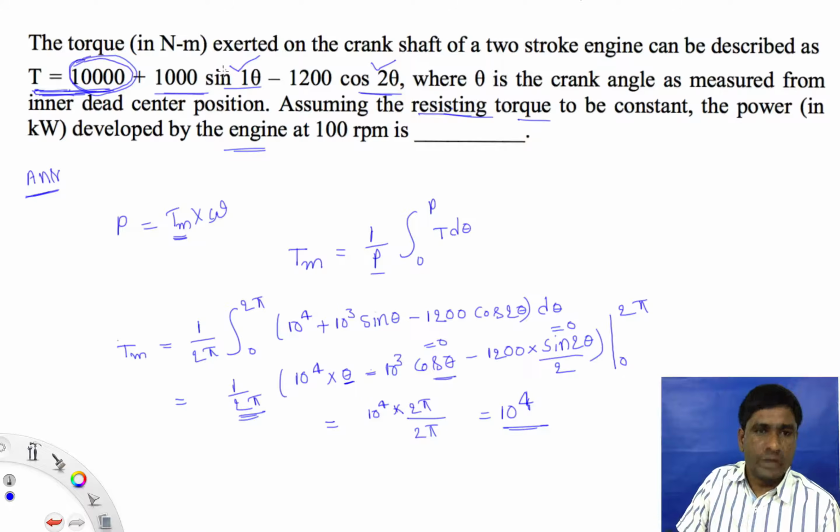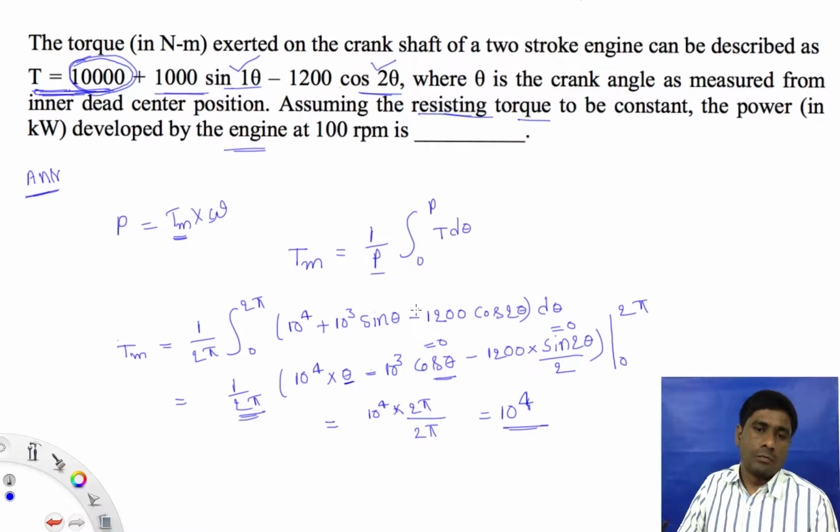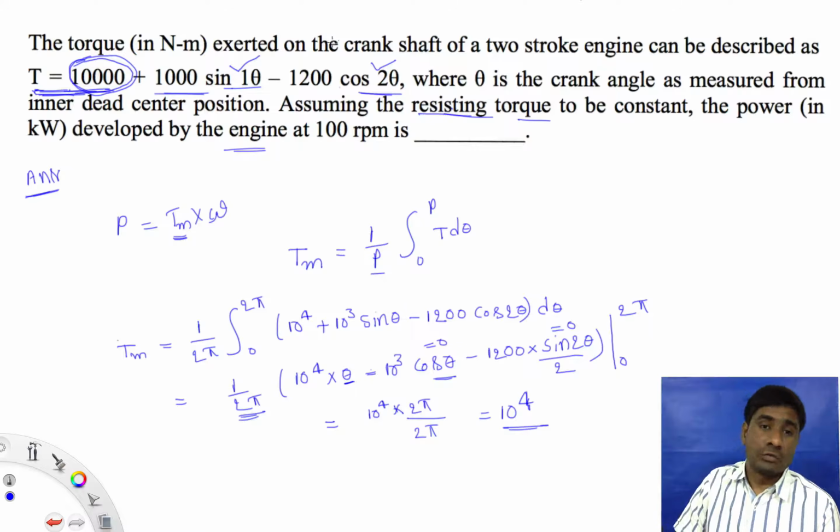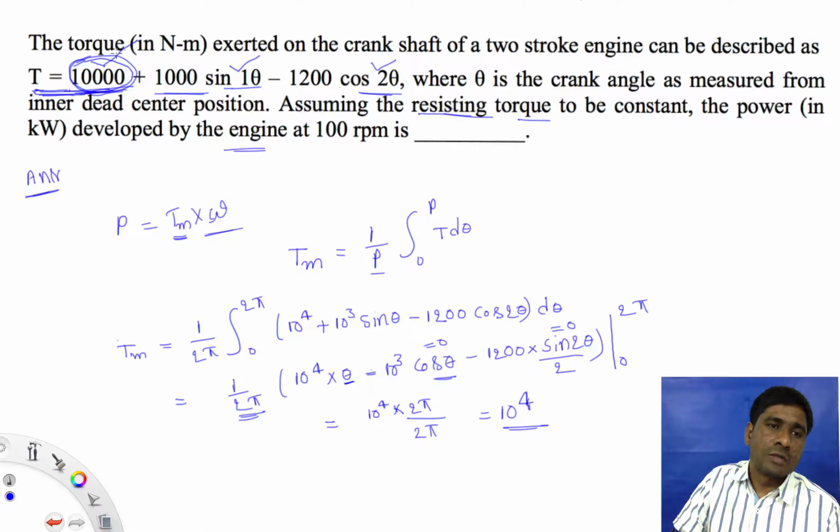Because if you integrate these sine and cos terms from 0 to the period, those will automatically become 0. So we can consider only the constant term as the mean torque. While solving for the GATE exam, we can directly take this constant term as the mean torque.